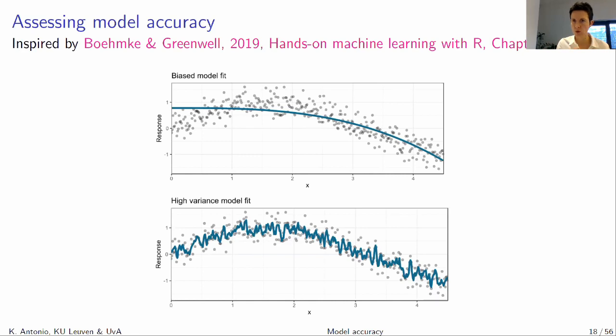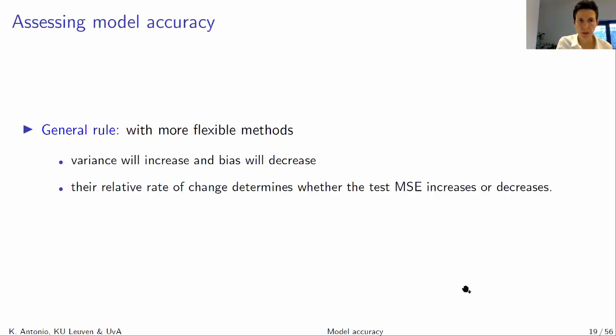So you have this trade-off between bias and variance. If you want to make the test error, or the test loss function, small, then you'll have to find a model that leads to both small variability and a small bias.